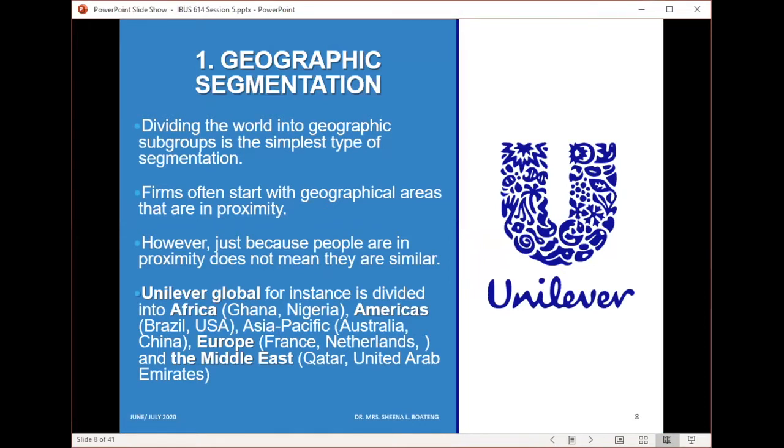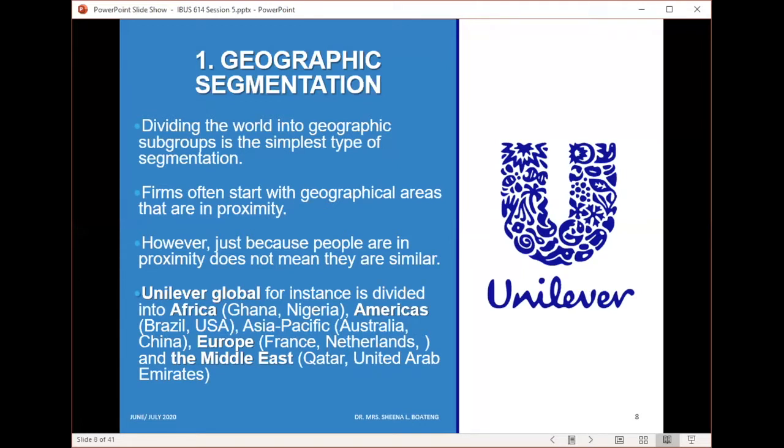But sometimes marketers make the mistake of thinking that the fact that certain consumer groups or countries are in proximity to their local market, they will share similar characteristics with the consumers in their market, which is a huge error in judgment. As we all know from perhaps experiences and some of the discussions we've even had in class, we realize that countries that are even in geographic proximity to Ghana exhibit certain unique characteristics that are totally dissimilar from the average Ghanaian consumer.